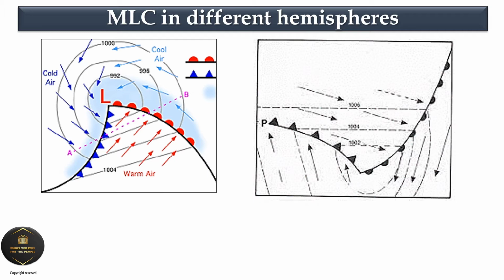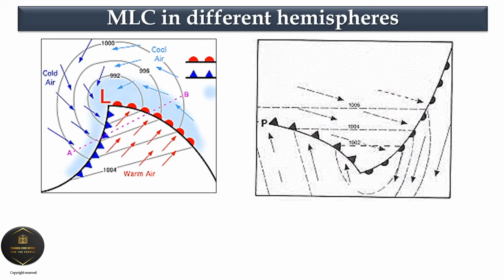What you must know is that in the different hemispheres, when we draw a diagram showing our mid-latitude cyclone, it will be represented slightly differently, simply because of the location of our polar region and our subtropical westerly wind belt. So you need to take note of that.